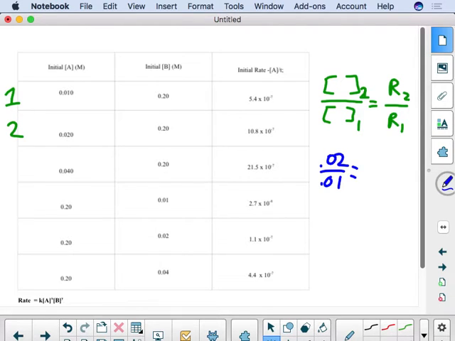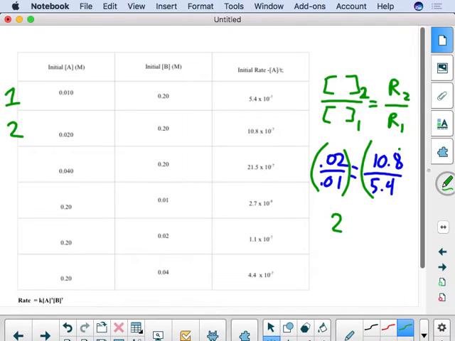Let's look at the rates at this particular time. The rate in reaction 2 was 10.8 times 10 to the minus 7th or whatever it is. Okay, what is the rate in reaction 1? 5.4 times 10 to the 7th. If I divide 0.02 by 0.01, I get 2.